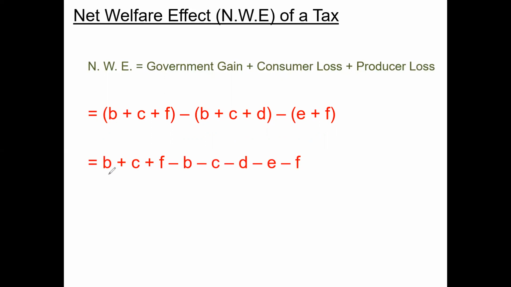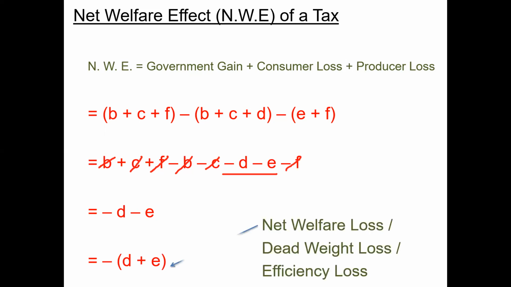Now you can see plus B minus B set off, plus C minus C set off, plus F minus F set off, remaining minus D and minus E. We write it like this: minus within bracket D plus E. That is the ultimate impact on the economy.